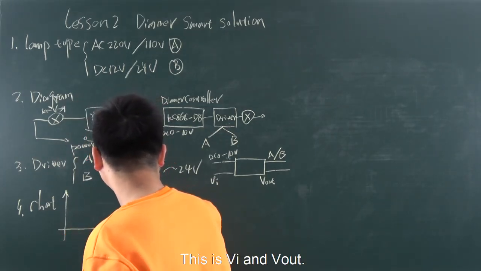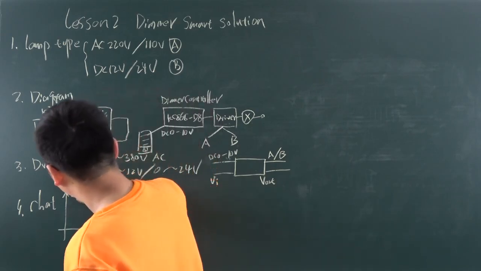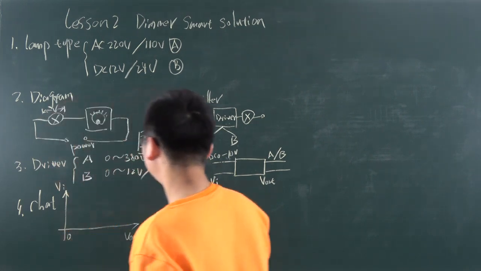This is V out, and this is V in, and this is 0.